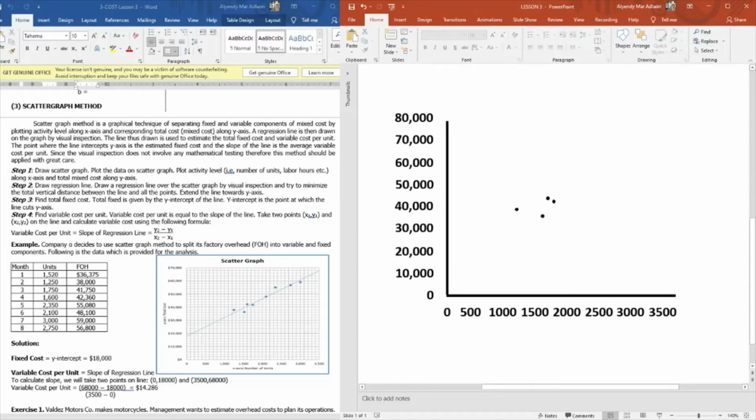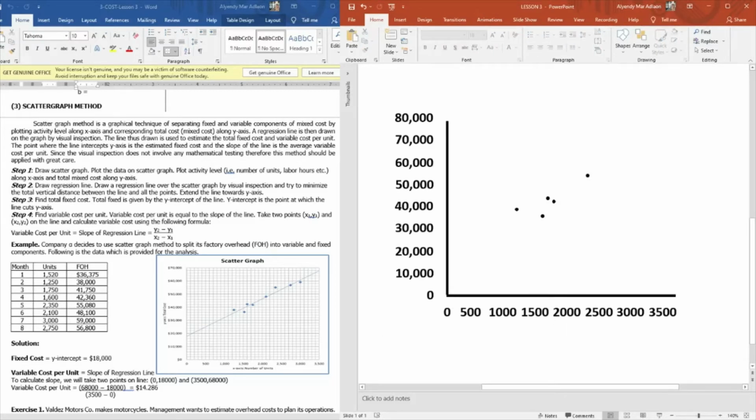Alright. Now next, we have month number 5, that is 2,350 and 55,080. So 2,350 is maybe around 2,500, and 55,080 is higher up. Okay, that's 55,080.